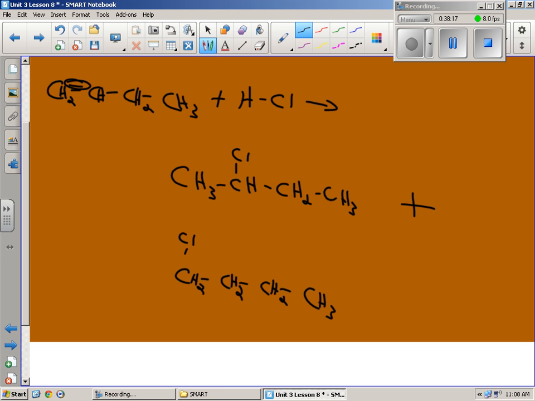That's an option as well. And once again, same chemical formula, C4H9Cl. Same formula, but different structures. So we call these isomers.